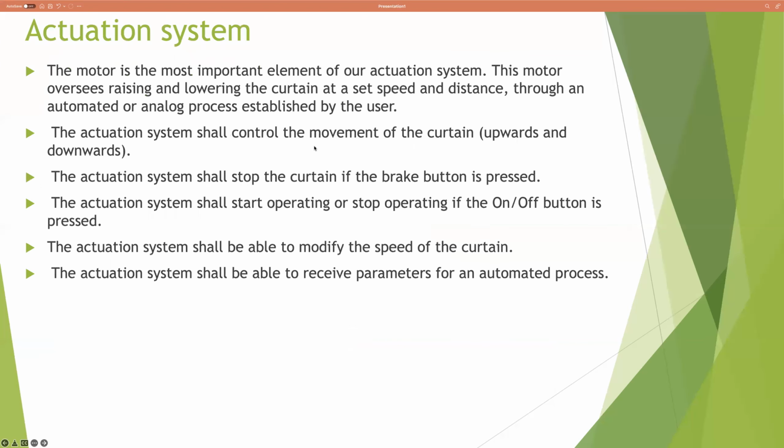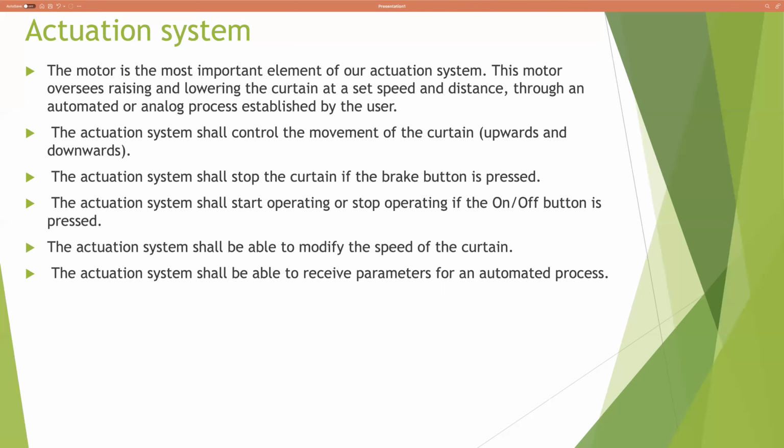Anyways, talking about motors, the actuation system. Basically, the motor is the most important element of our system, and it should control the movement of the curtain upwards and downwards. It should be able to stop when the brake button is pressed, and it should stop operating if the on or off buttons are pressed, and should be able to modify speed.